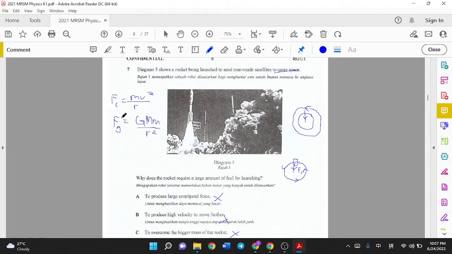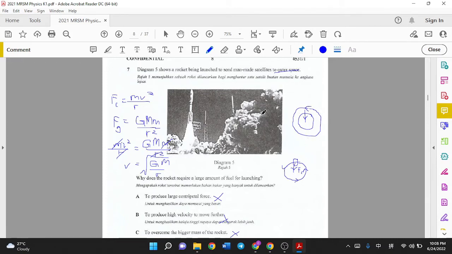So you can equate these two formulas: mv squared over r equals GMm over r squared. You cancel out the m and one r, and you get v equals the square root of GM over r. So this is your linear velocity, the velocity for your object or satellite to orbit around the Earth.